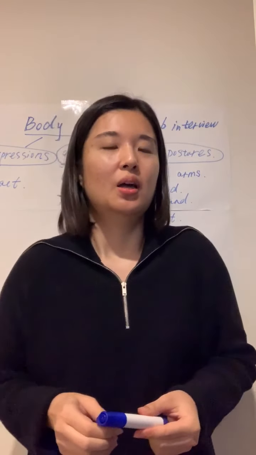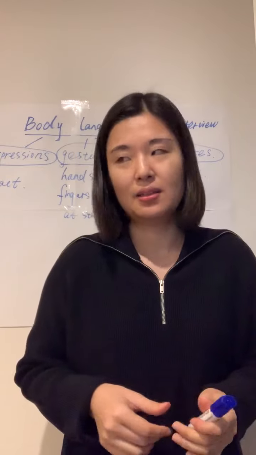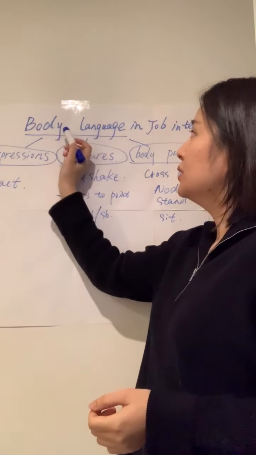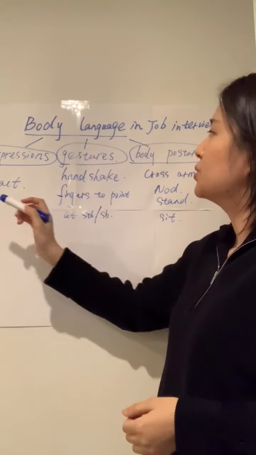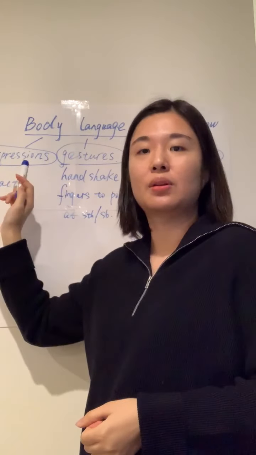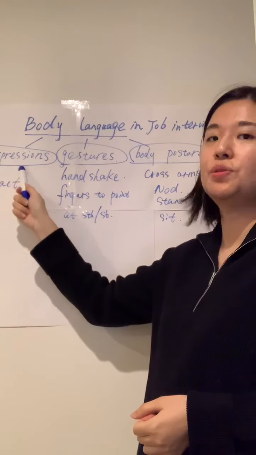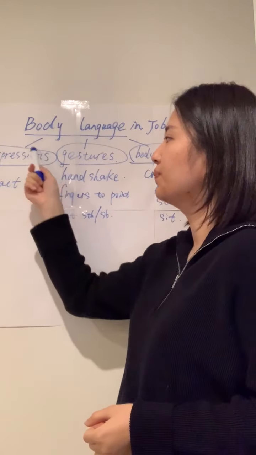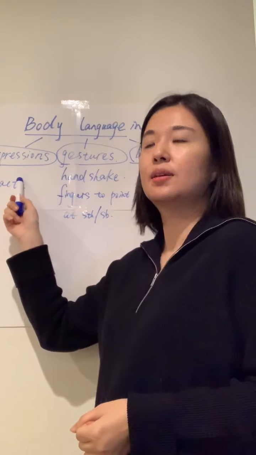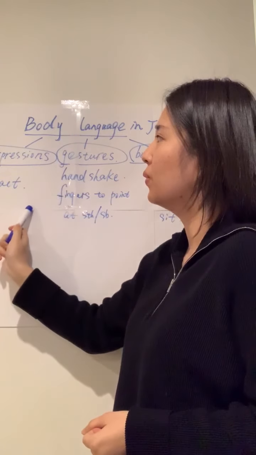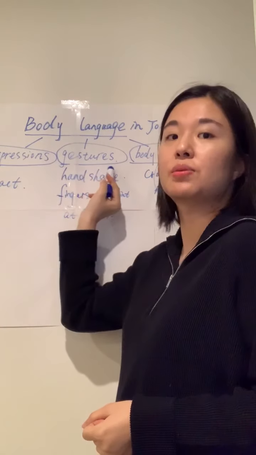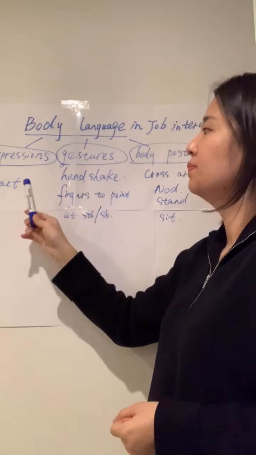Okay, so let's review today's lesson again. Today we learned about body language in job interviews, and there are three key components: facial expressions, gestures, and body postures. And here are some words that are very, very useful when you mention these three key components, right?